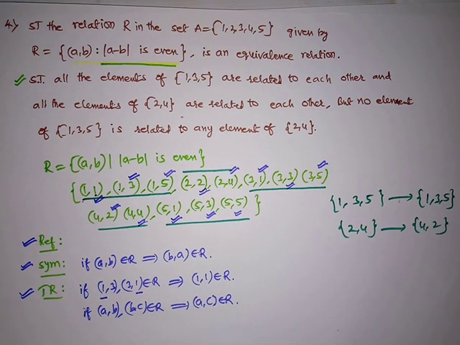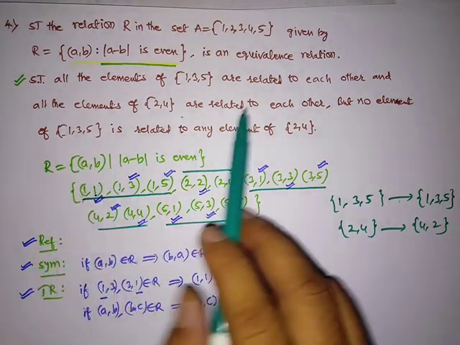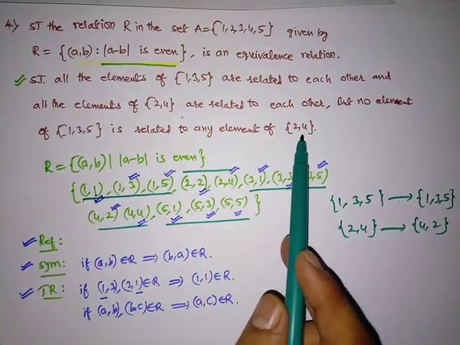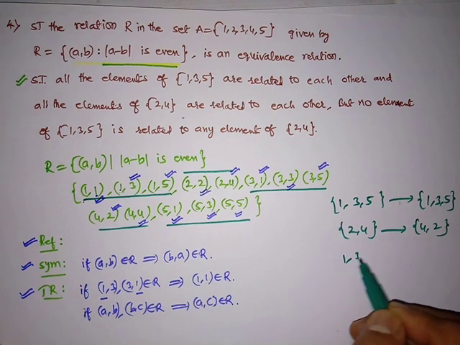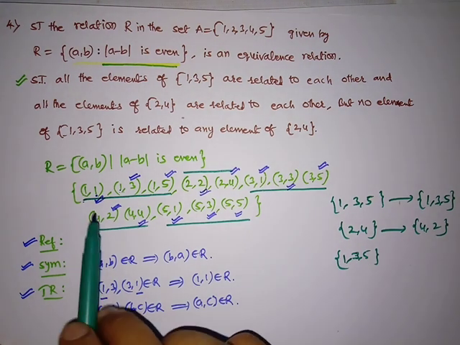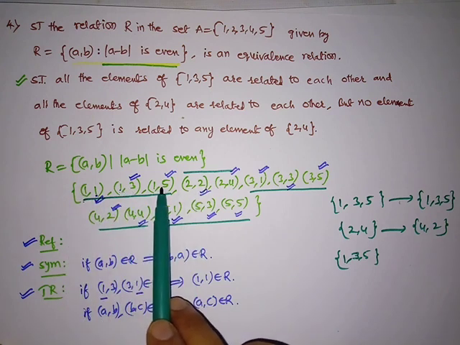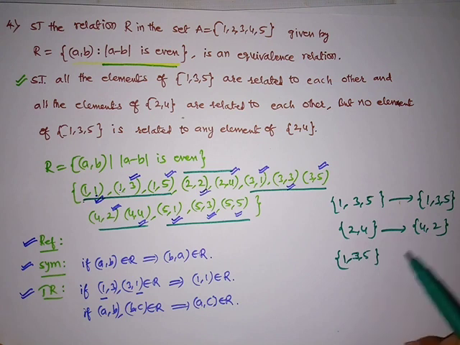Now coming to the next: no element of {1, 3, 5} is related to any element of {2, 4}. Whichever element of {1, 3, 5} you consider, 1 is related to 1, 1 is related to 3, 1 is related to 5, but 1 is not related to 2 or 4.